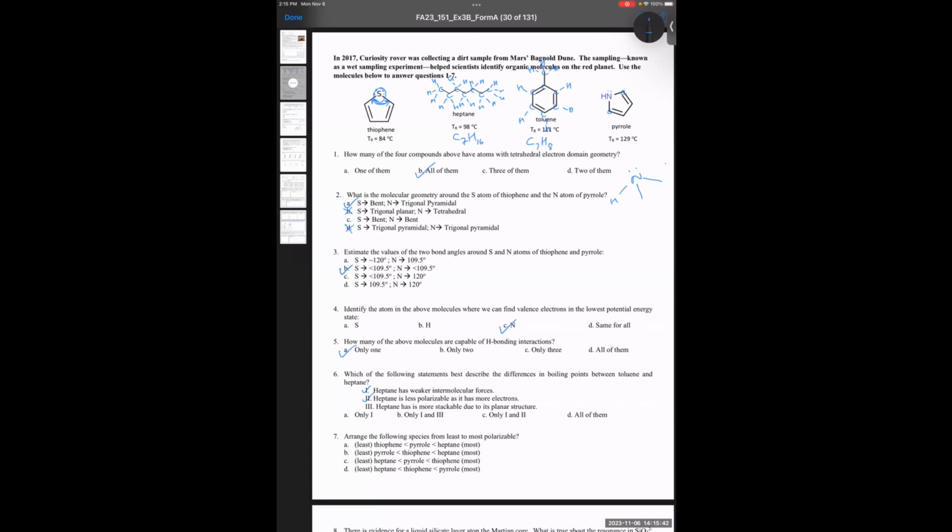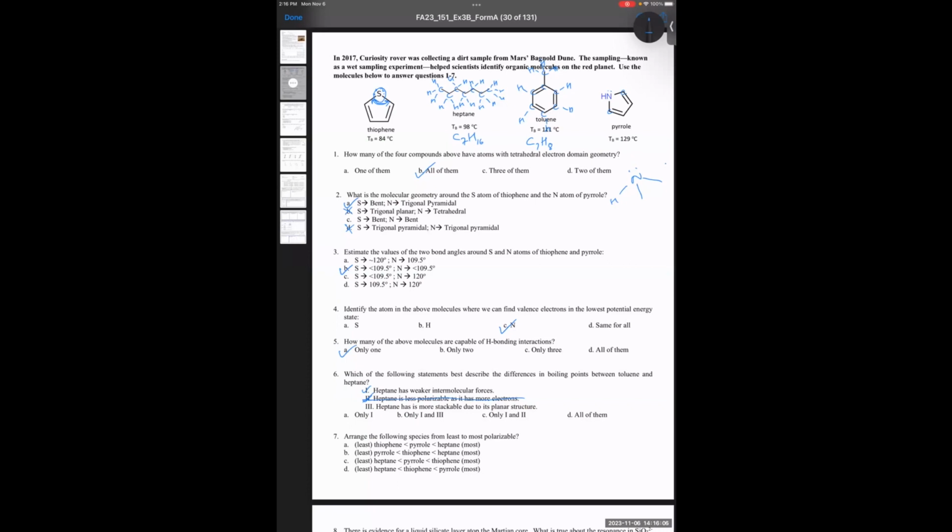Only 8 hydrogens. So definitely we're going to have fewer electrons in toluene compared to heptane. Therefore, that statement is incorrect. Heptane must be more polarizable because it has more electrons.